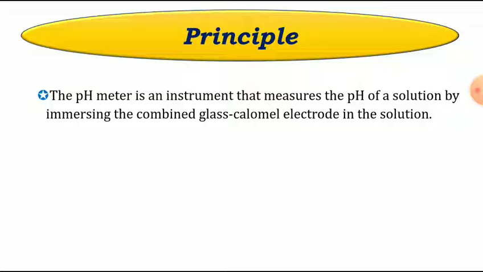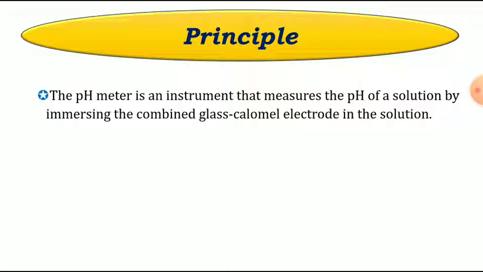That means while measuring the pH of any particular solution, we are immersing the combined glass electrode into that solution. We will learn the combined glass electrode in detail later.